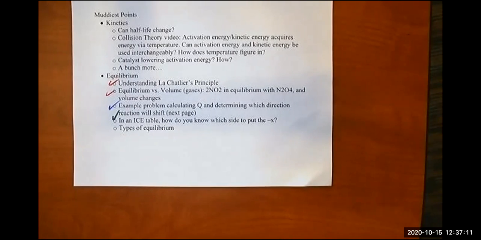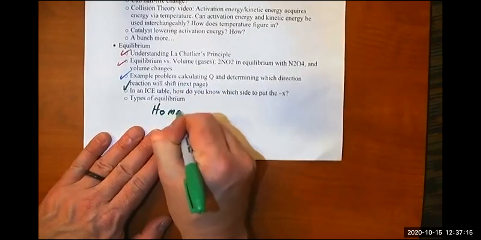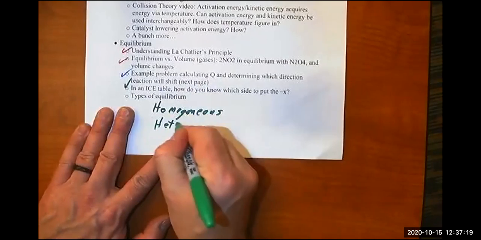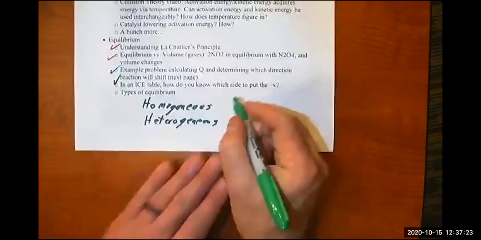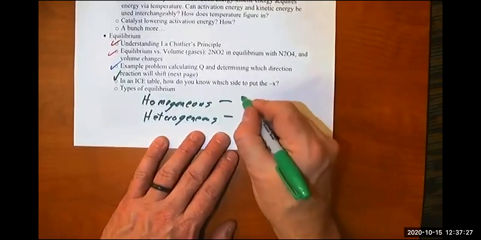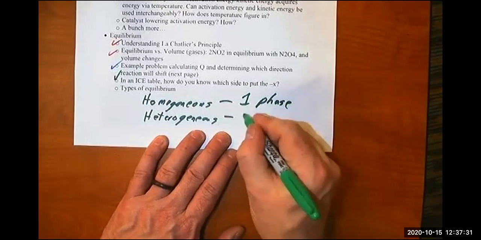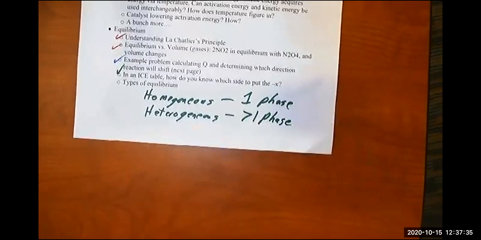The thing to remember about homogeneous and heterogeneous is just what the words themselves mean. Homogeneous means one phase. Heterogeneous means more than one phase. And that's it. That's what the two words mean.